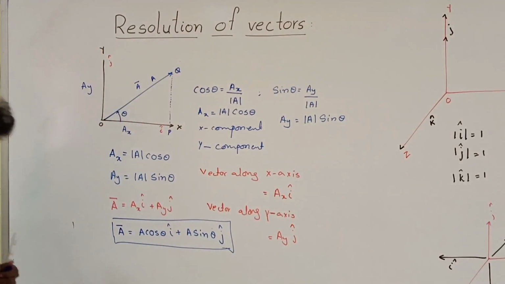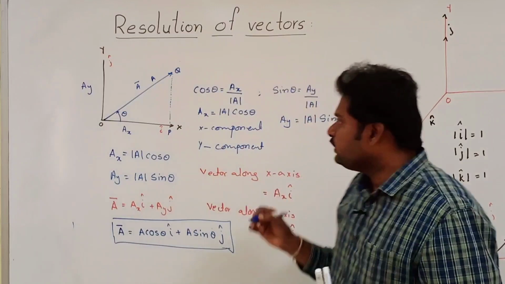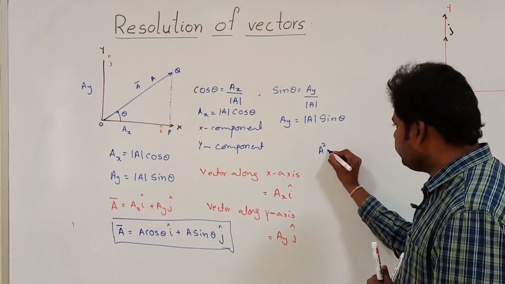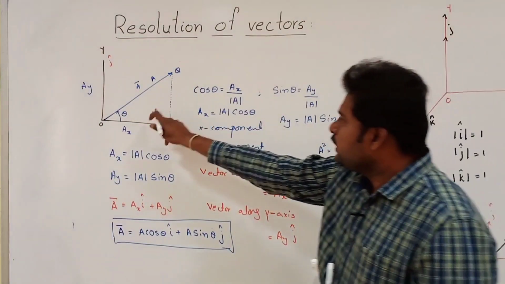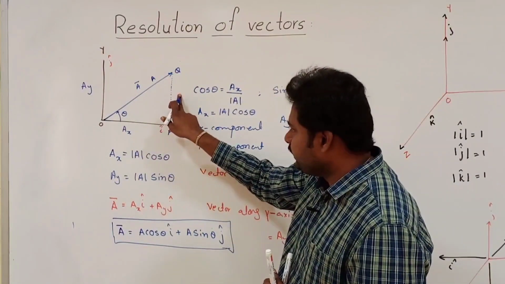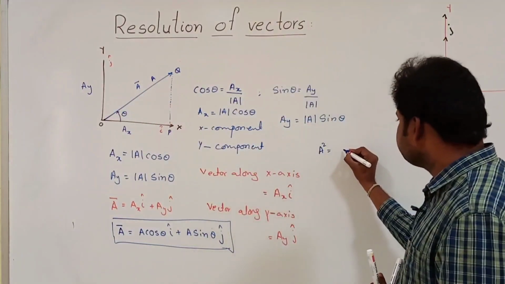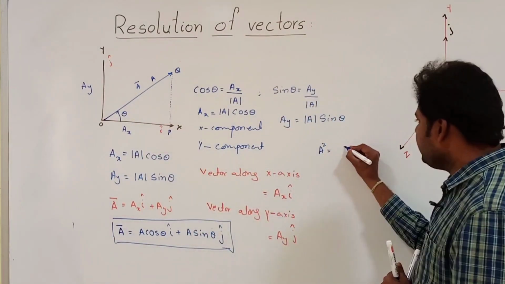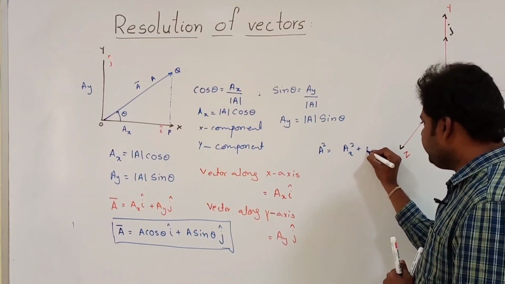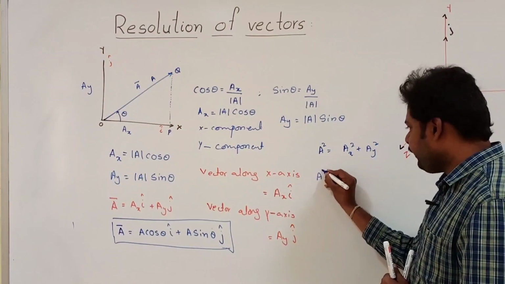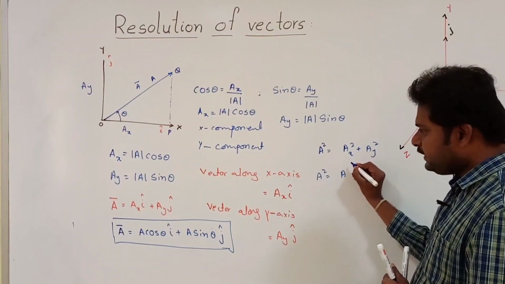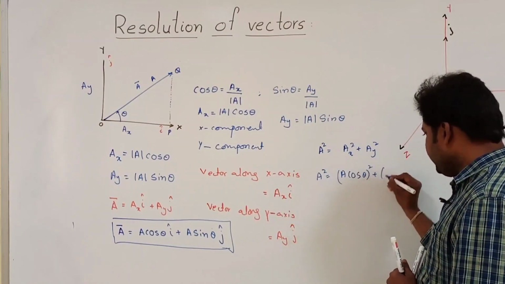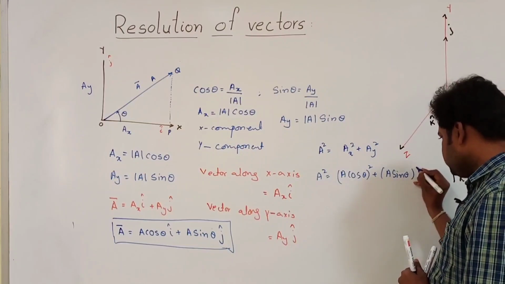Now, how to calculate the magnitude of this? Using the Pythagoras principle, hypotenuse square is equal to the opposite component AY square plus the adjacent component AX square. A square is equal to (A cos theta) whole square plus (A sin theta) whole square.